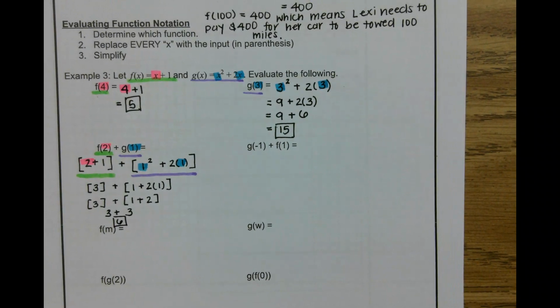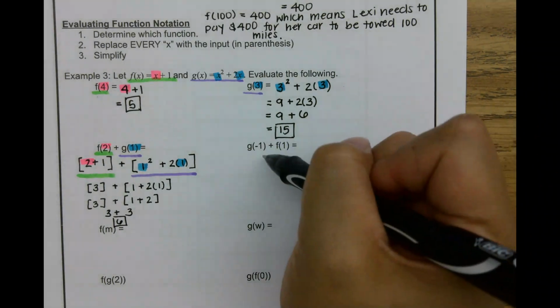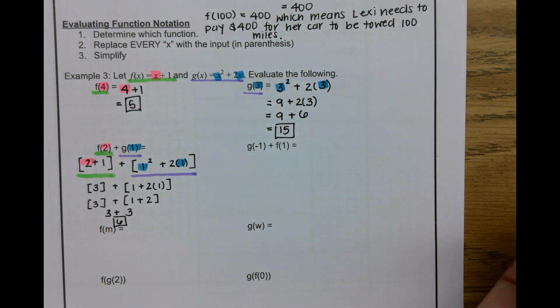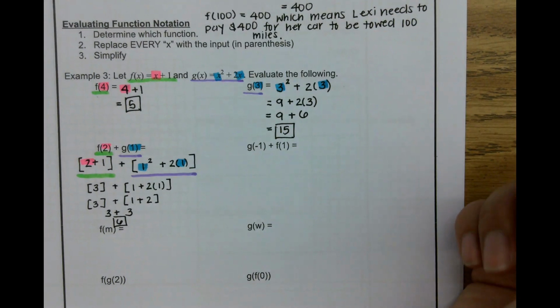Let's try another one. Okay, so g of negative 1 plus f of 1. Okay, I'm going to write it all out and then I'll plug it, and then I'll highlight for us.